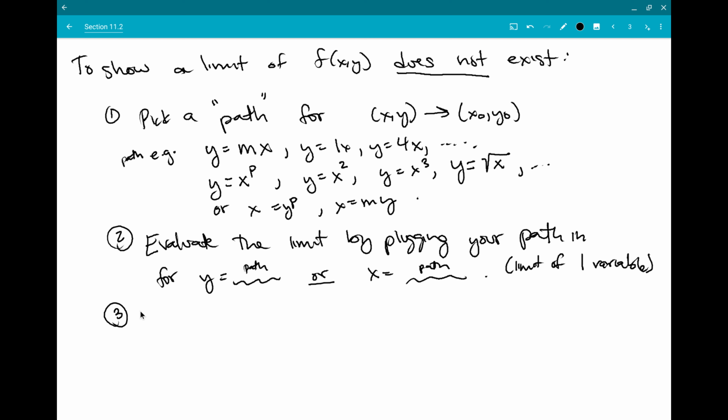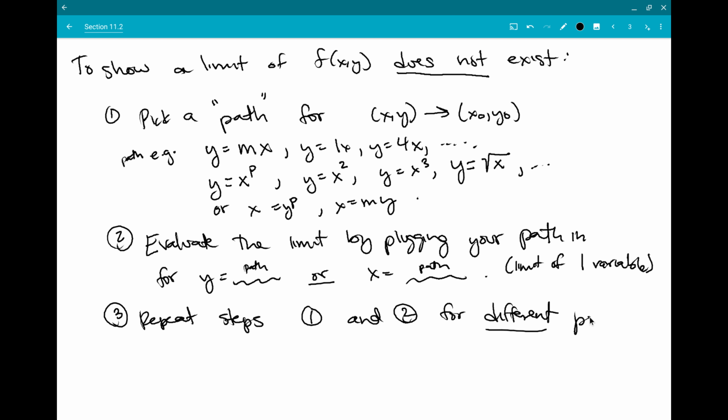Then you're going to repeat steps 1 and 2 for a different path. And then once you do that, you should be able to show that the number you got the first time is different from the number you got the second time.